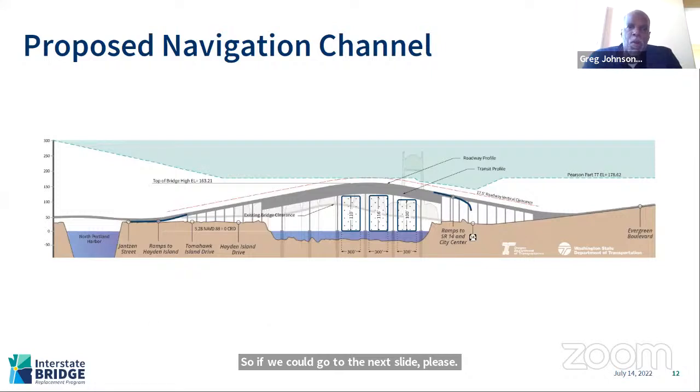As you may have heard and seen in the press, we have received what's called a preliminary determination of clearance for a bridge permit for a new bridge over the Columbia River. This came from the US Coast Guard.